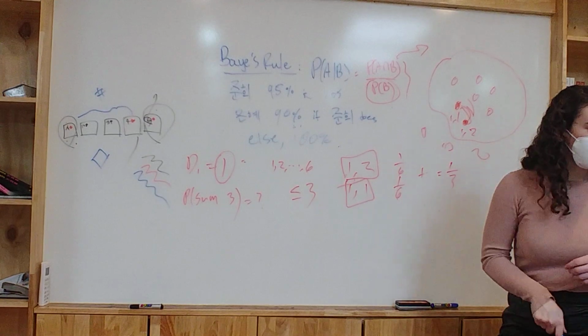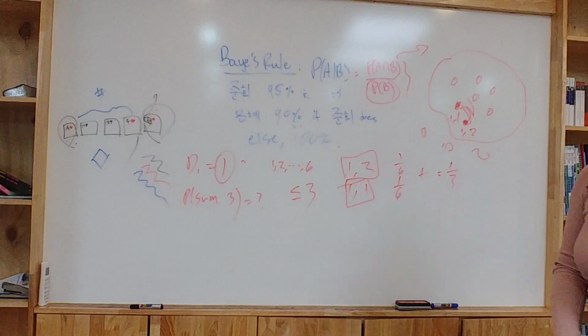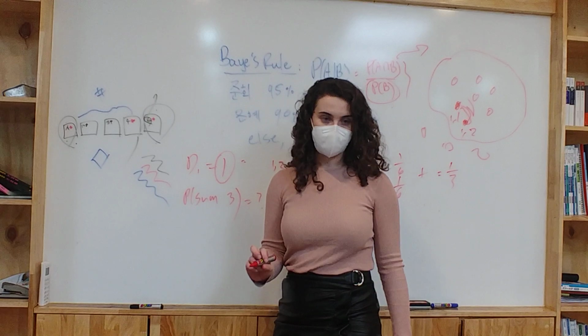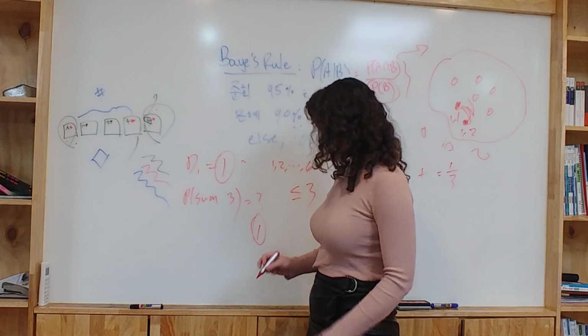Now I want you to do the probability that it's less than or equal to 3, given that the first die was a 1. The probability that the sum of the two dice is less than or equal to 3, given that the first die is a 1.